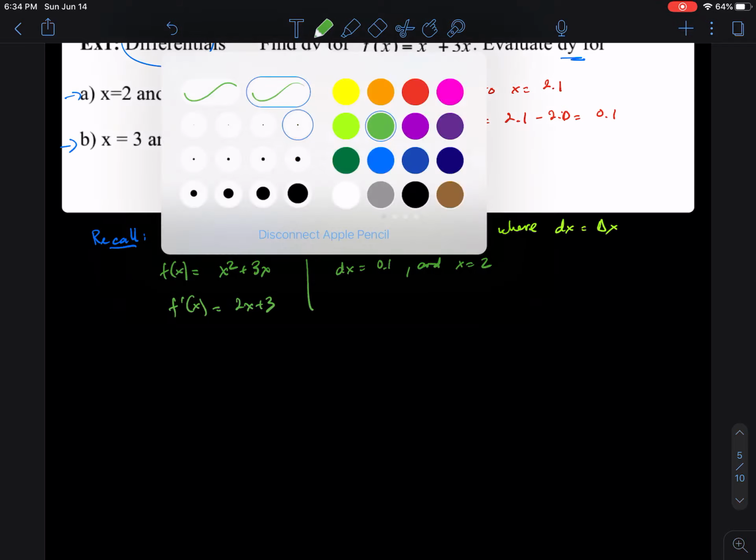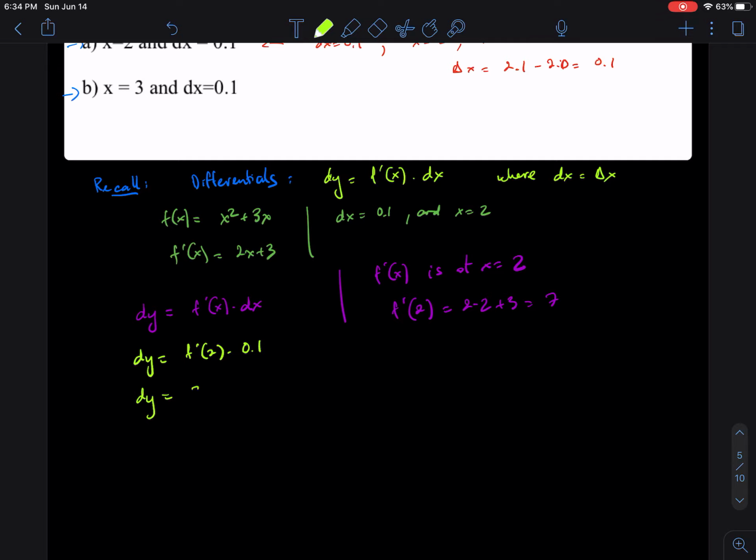So we plug that into the formula. Now dy is going to be f prime of 2 times dx, which in this case is 0.1. f prime of 2 is 7, we just found that, times 0.1, which is 0.7.